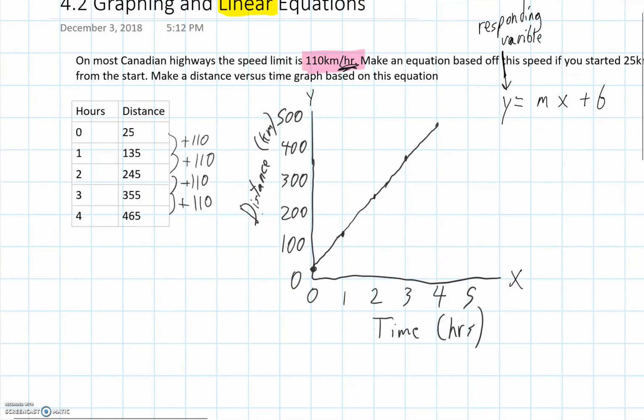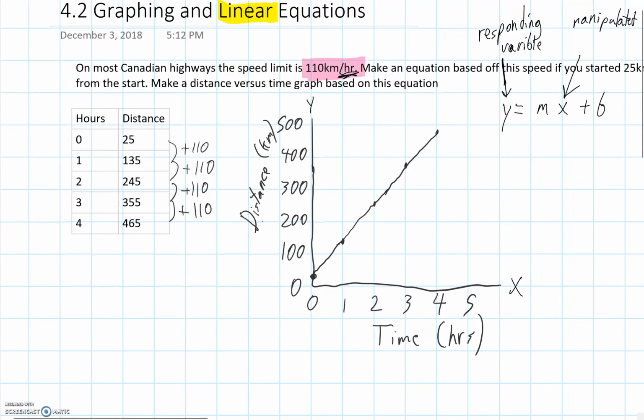Okay, so now we can look here. x is the manipulated variable. Okay, so we've got those two, that's obvious.